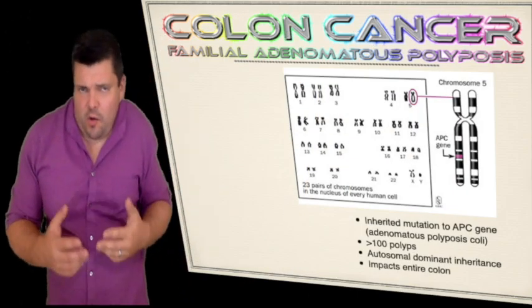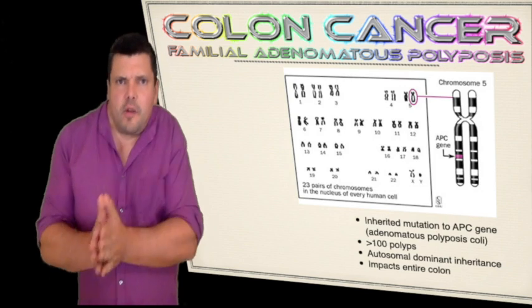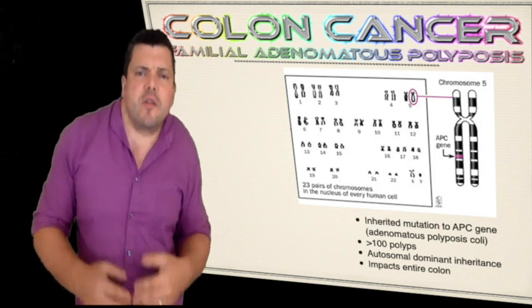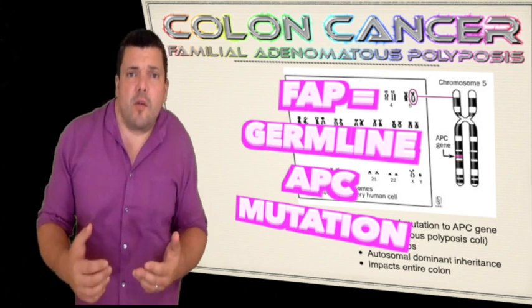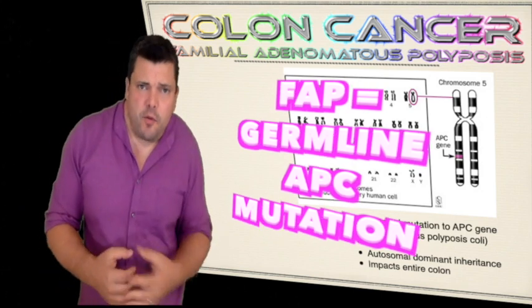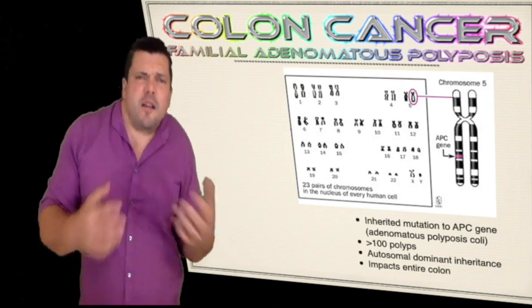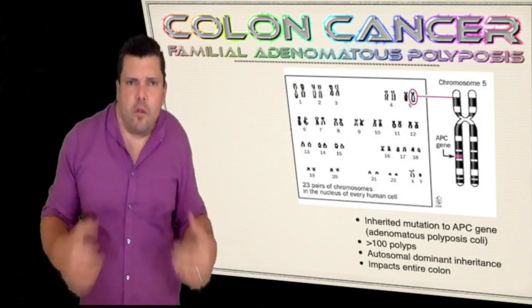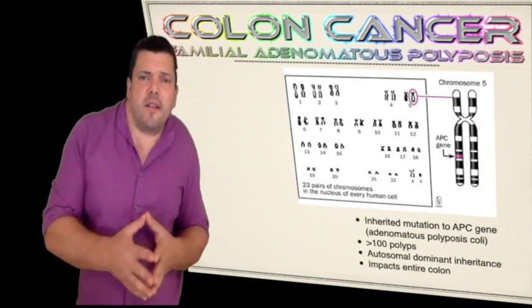Colon cancer can also occur in the setting of a germline mutation to the APC gene that produces a clinical pathology called familial adenomatous polyposis. In this syndrome, patients get hundreds of polyps within their colon, starting at a very early age in life.